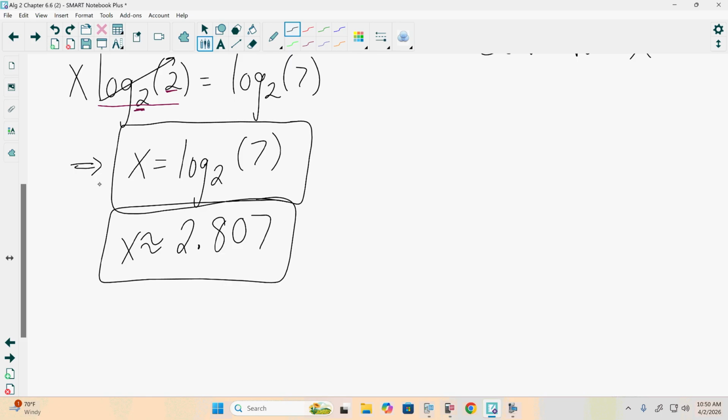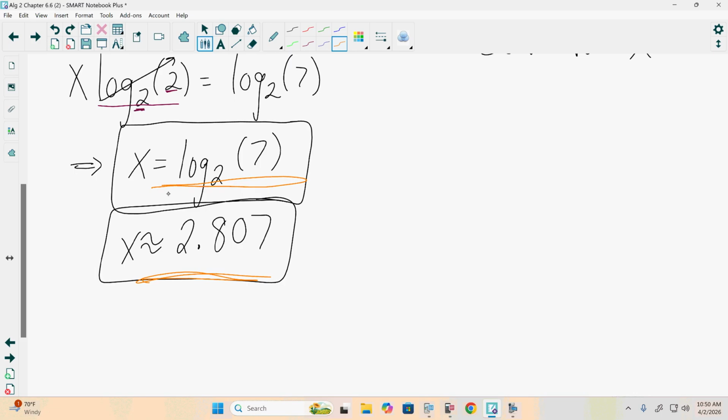Y'all will get this right, but plug it in wrong. You'll get that x is equal to log base 2 of 7, and for whatever reason, plug it into the calculator wrong. And especially on the test, if this is wrong, but this is right, I'm giving you full credit for it. Okay?